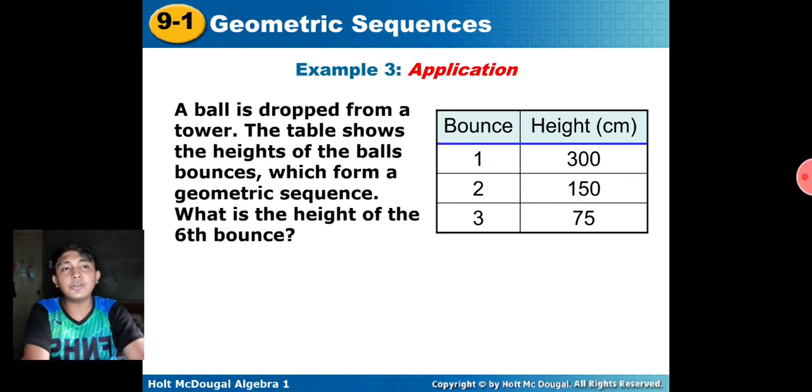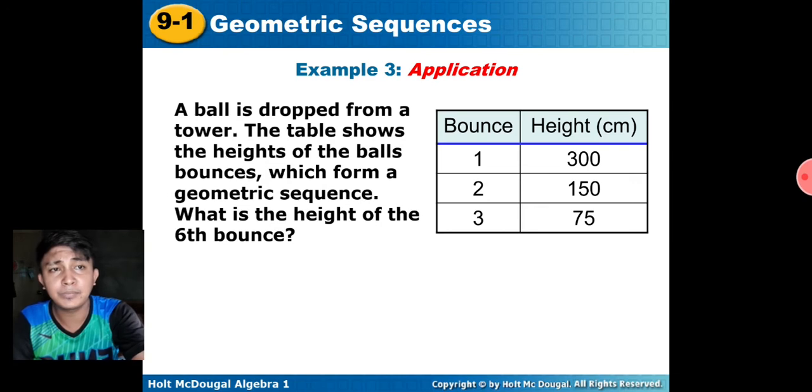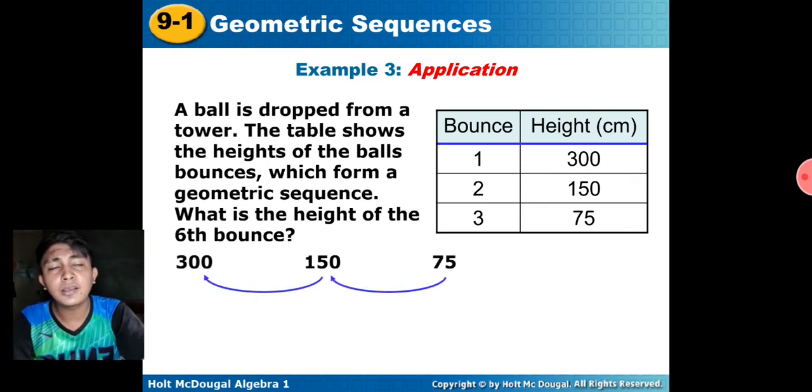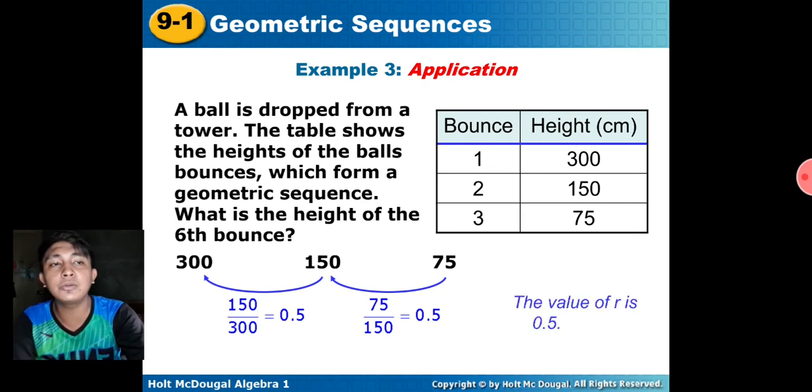The first, second, third: 300, 150, and 75, which forms a geometric sequence. First we need to identify the common ratio. 75 divided by 150 is 0.5 or 1 half. 150 divided by 300, we have 1 half or 0.5. We have now the common ratio which is equivalent to 0.5.